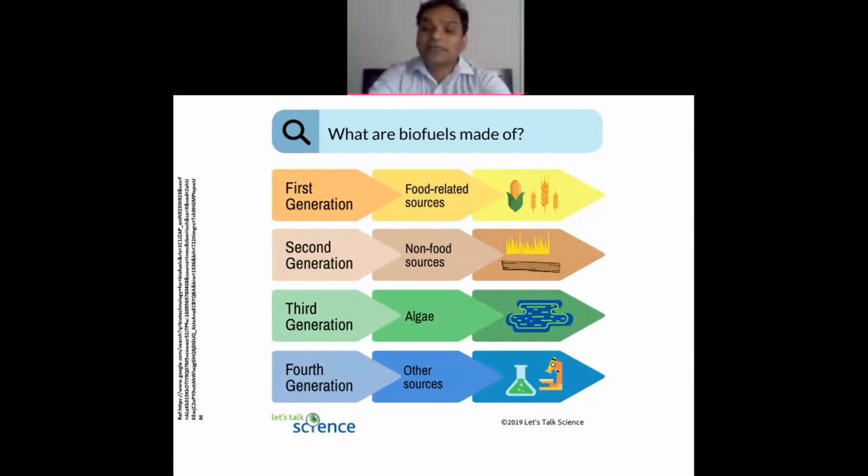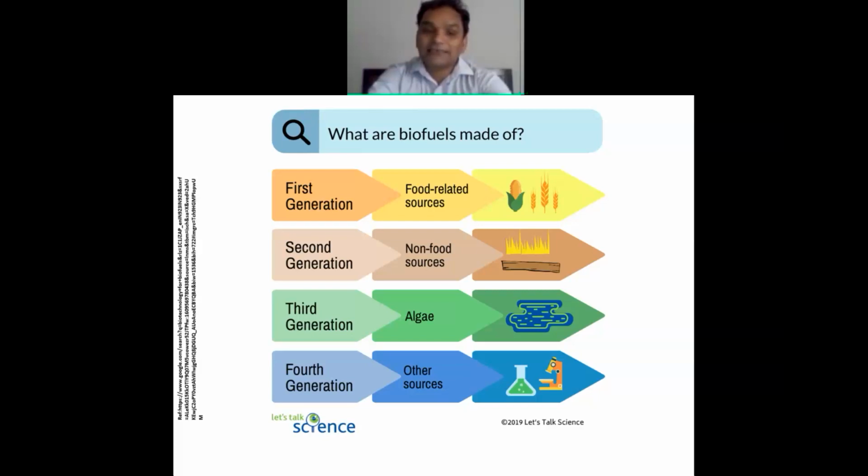So we have to categorize them into different generations: first, second, third, and fourth. The first generation was completely devoted to food-related sources such as sugar beet and sugarcane crops, but due to challenges, since these are consumed by the general public, there is competition over whether they should be diverted towards biofuel or towards public demand.